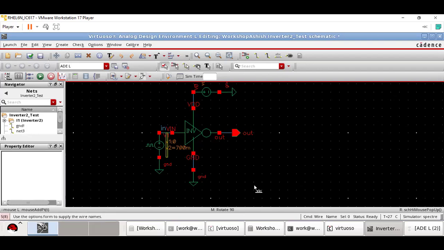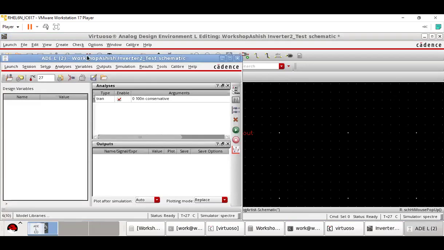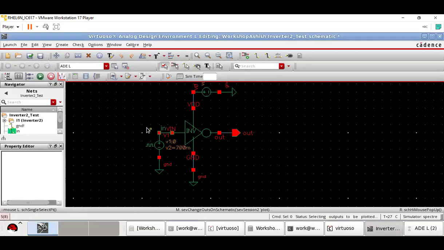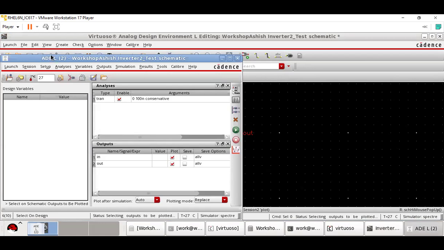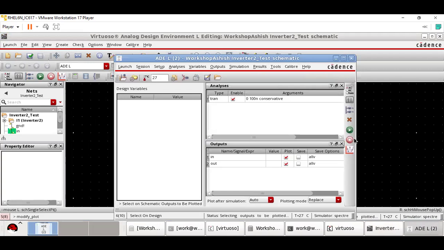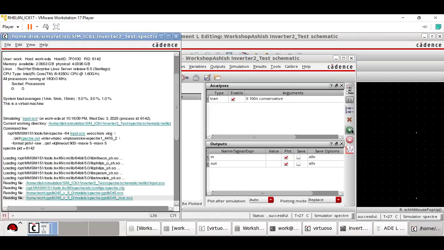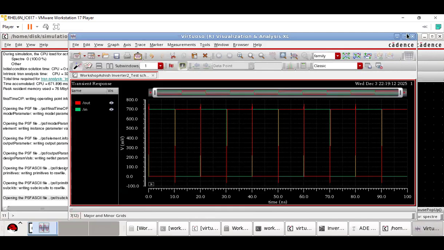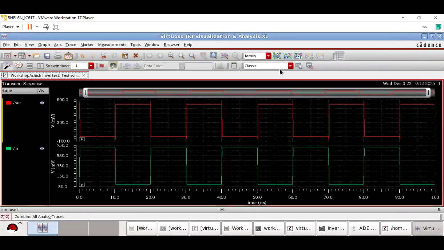Let me place it here. Then we say outputs to be plotted, an input and an output. There you have it. And then you simulate it. See, the similar output you are getting from the symbol.